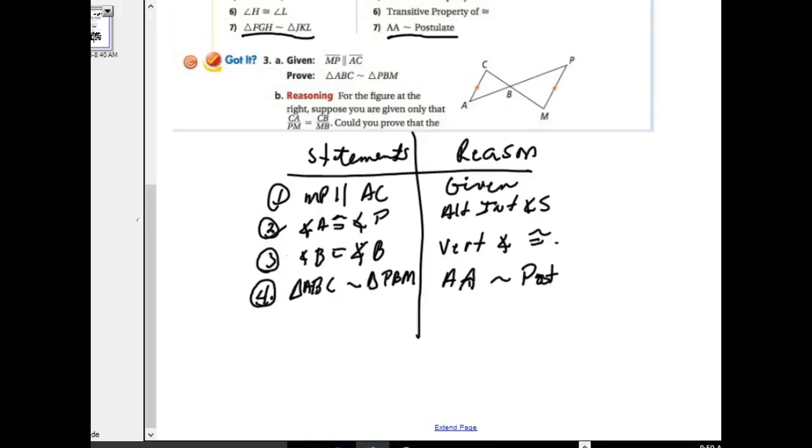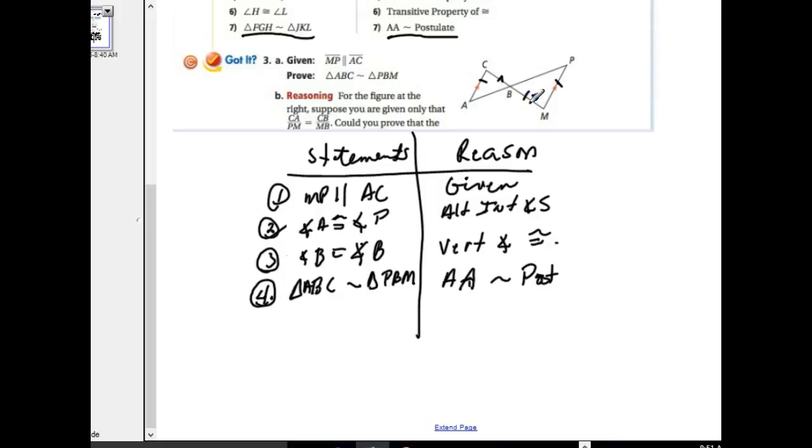Now, I'm going to put tick marks here, not because I want you to understand that those are equal to each other. They're just proportional to each other, but it's so that I can mark it so that we can see what we're talking about. In the same way, CB is proportional to MB, so I'm going to put two tick marks there and two tick marks there to denote that.